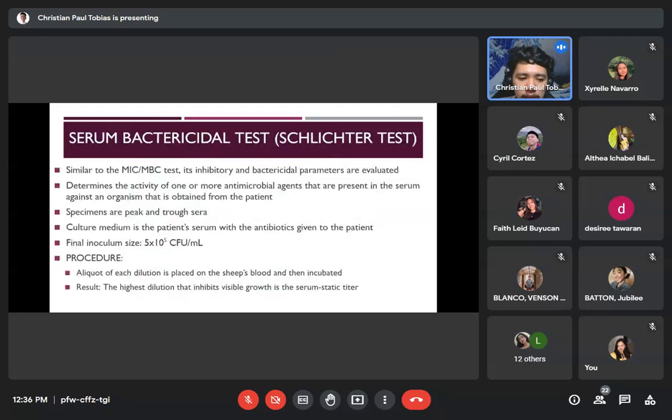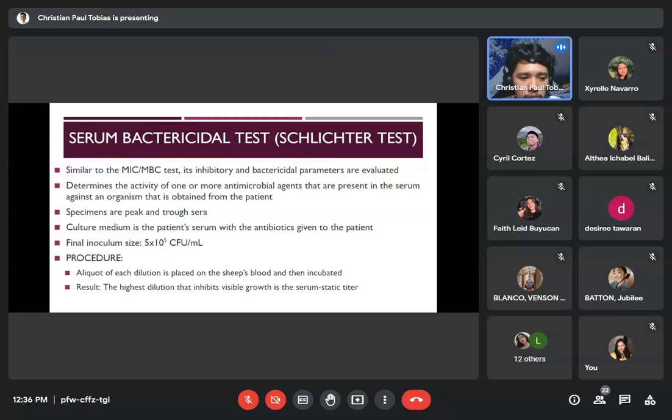Synergy. And your serum bactericidal test or your Schlichter test is similar to the MIC and MBC test. It is inhibitory and bactericidal parameters that are being evaluated. This also determines the activity of one or more antimicrobial agents that are present in the serum against an organism that is obtained from one patient.